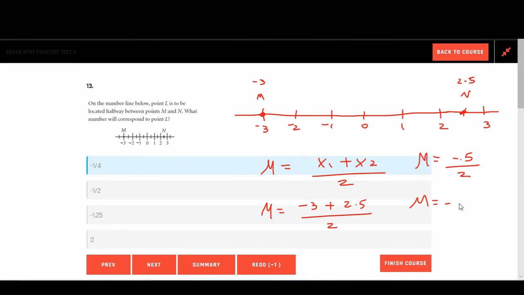It's going to be -0.25. And -0.25 is the same as -1/4, which is right there. Okay? And that would be somewhere like right here for L. Okay, so that's that one.